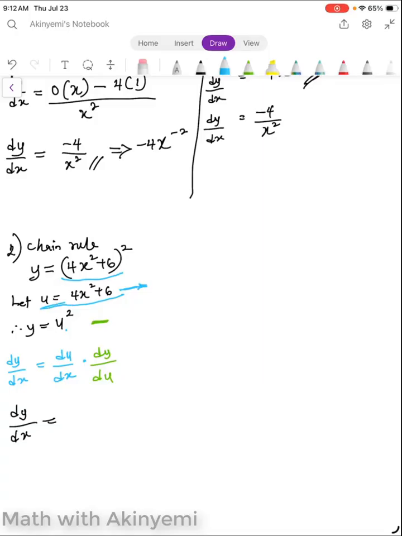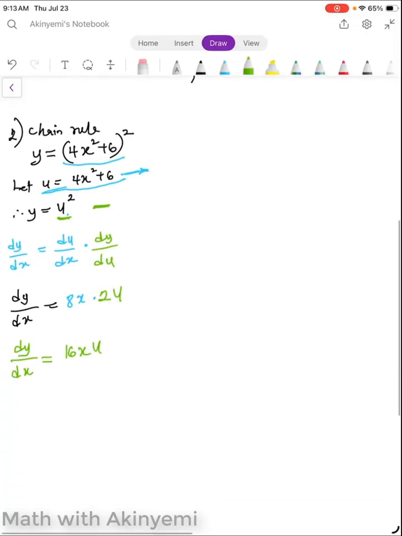This is our du over dx. If we differentiate that, we have 8x, and then multiply by dy over du, which is 2u. dy over dx will be equal to 16x u.